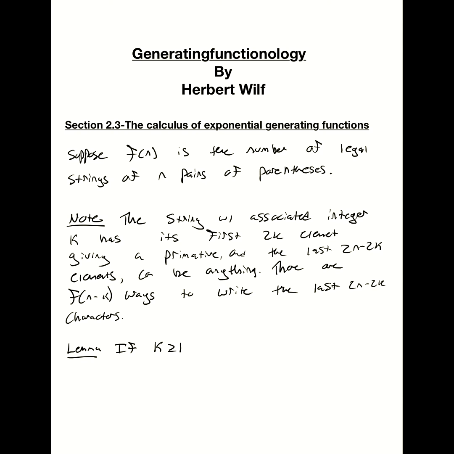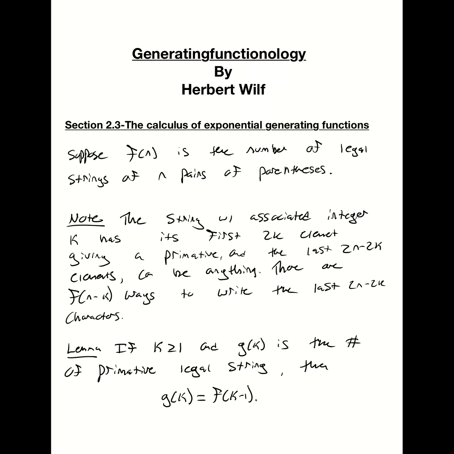So if k is bigger than or equal to 1, and g of k is the number of primitive legal strings, then, with f just as it was defined before, g of k is going to be equal to f of k minus 1.